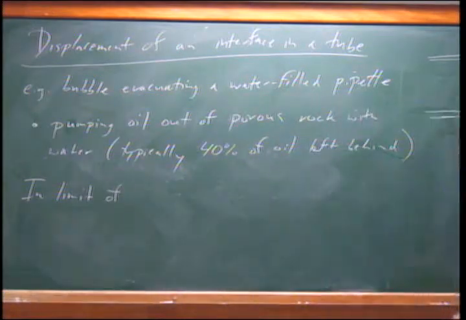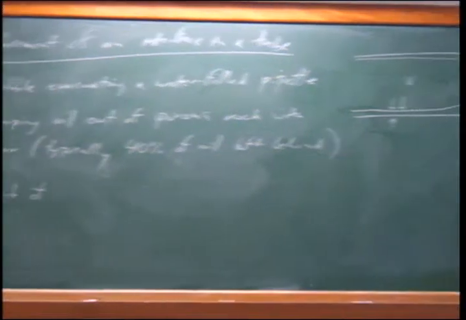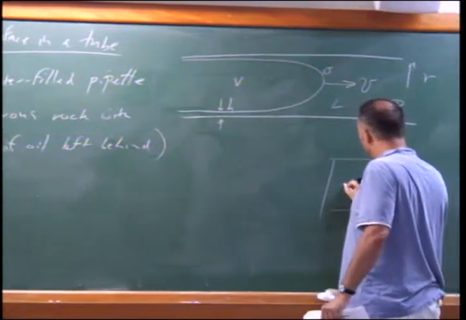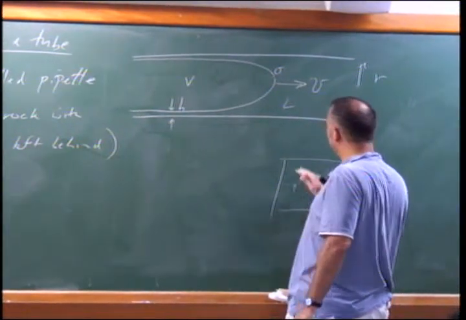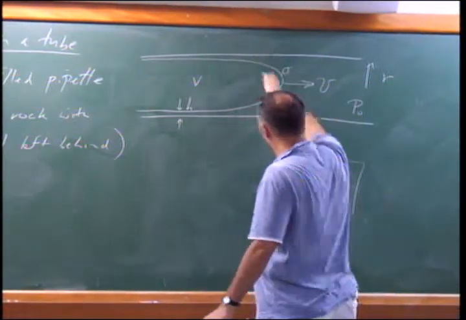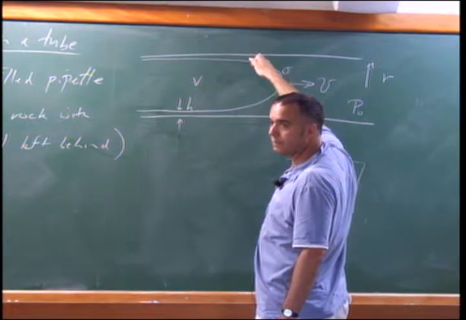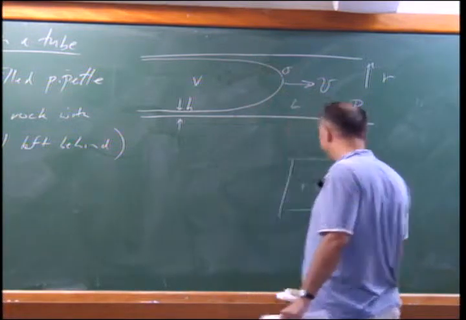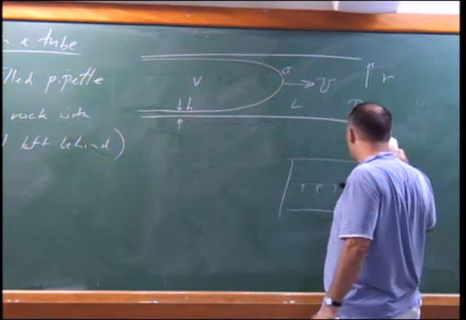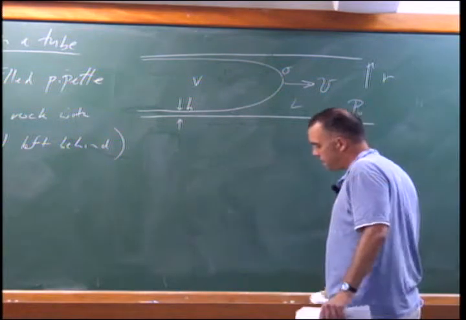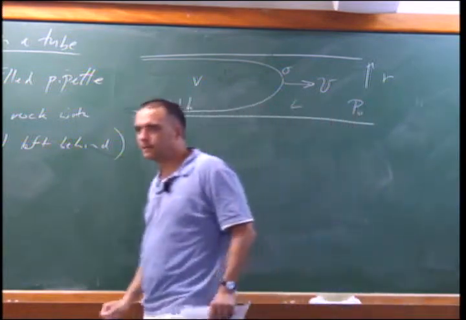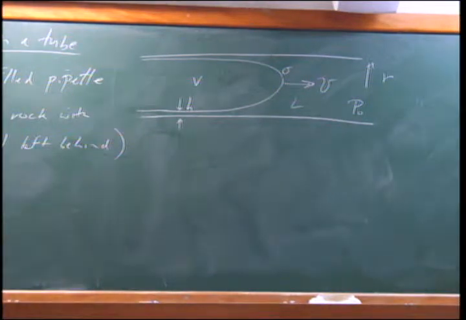Oftentimes they'll have an interface, so you're basically pushing an interface between plates, and there's a contact line. But you can do either. And probably here you're going to have instabilities of a fingering sort too, maybe.